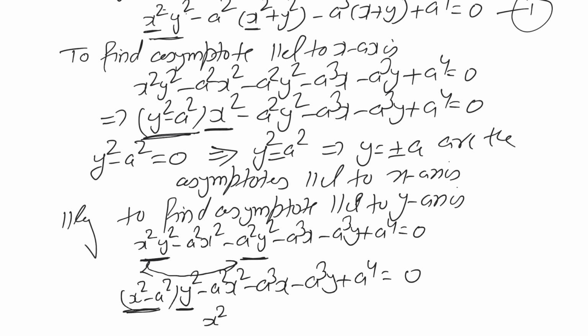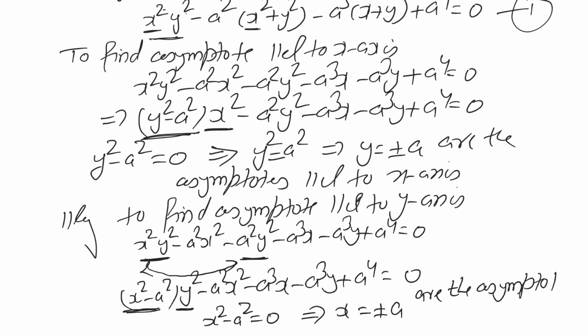So we put its coefficient x square minus a square is equal to 0 to find asymptote parallel to y-axis. This implies that x is equal to plus minus a are the asymptotes parallel to y-axis. Therefore, we have seen the given curve 1 has 4 asymptotes.